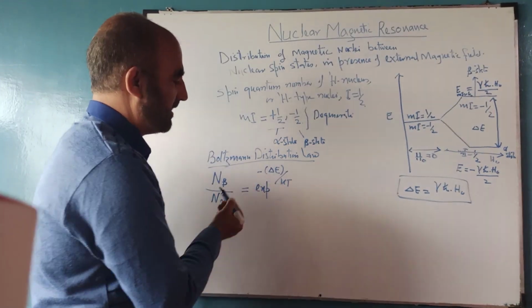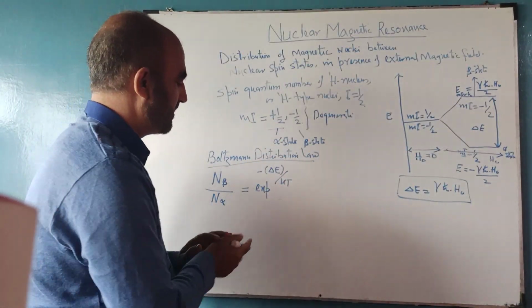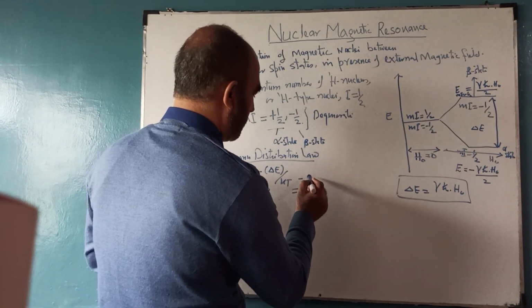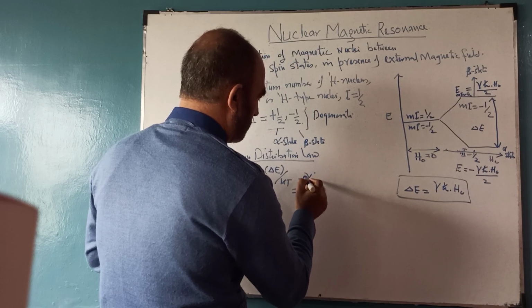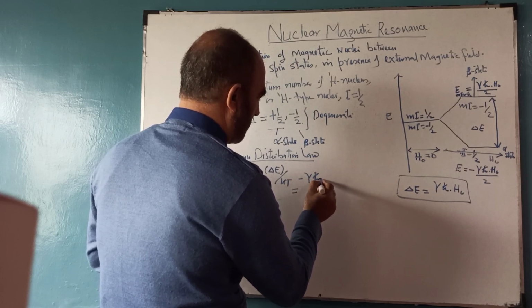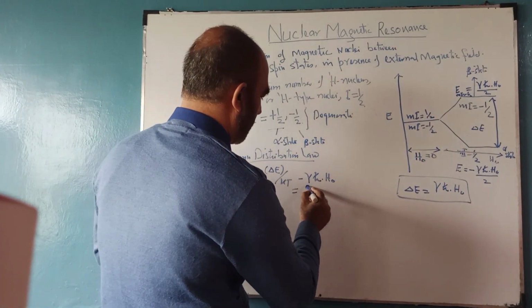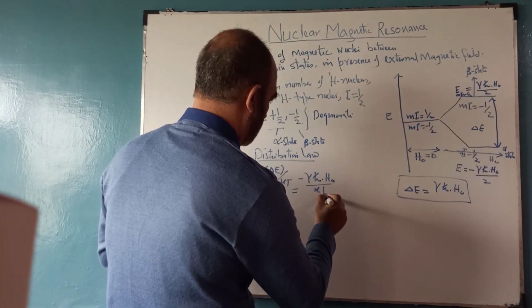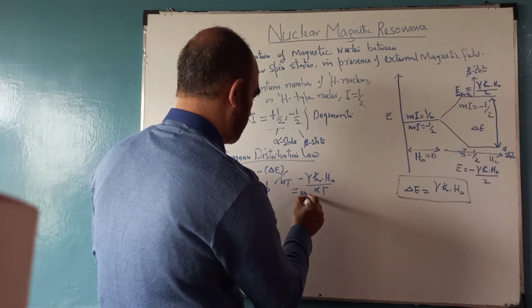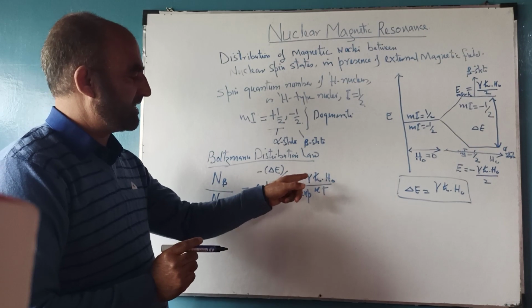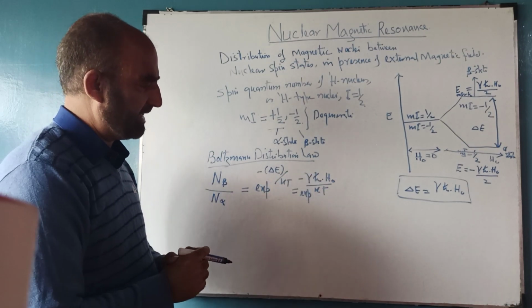Now what is the energy difference between these two states? We can write it as minus gamma h bar H naught divided by kT. So this is exponential raised to power minus gamma h bar H naught by kT.